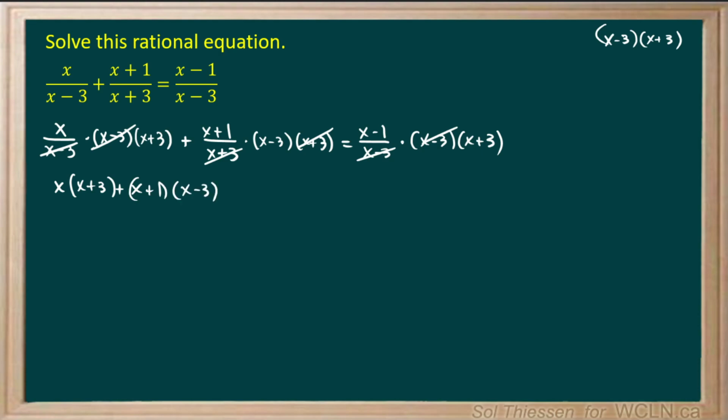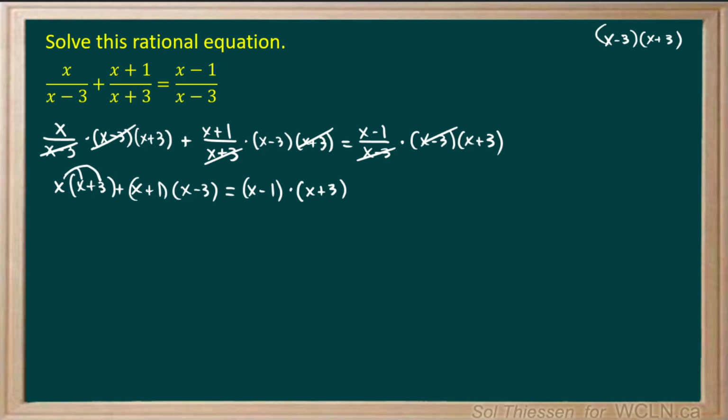Keep in mind that the x + 1 is in brackets that are implied because it is in the numerator of a fraction. And that'll be equal to (x - 1), which is in brackets for the same reason, times (x + 3).